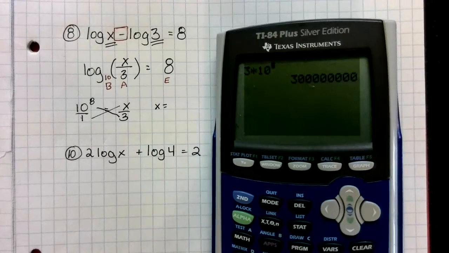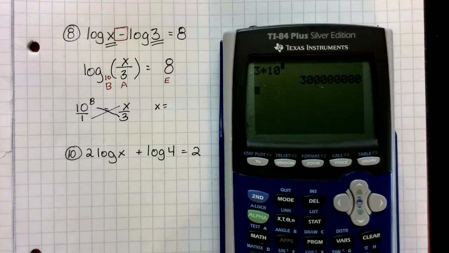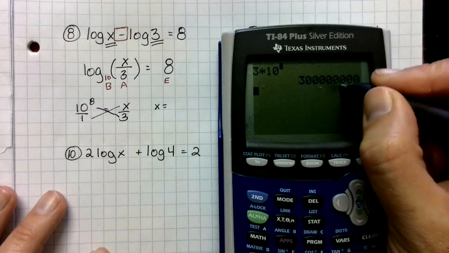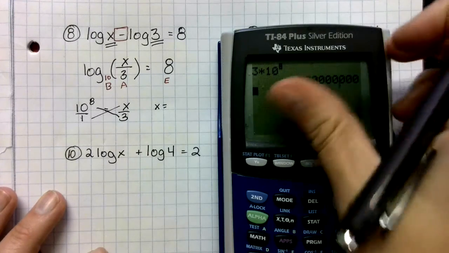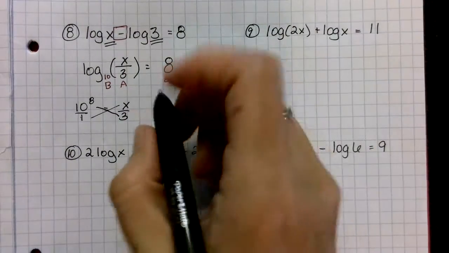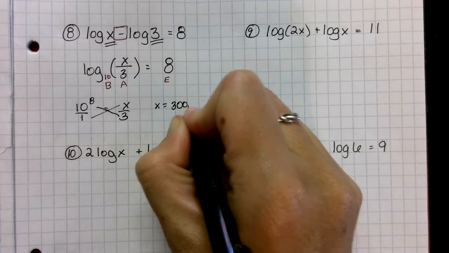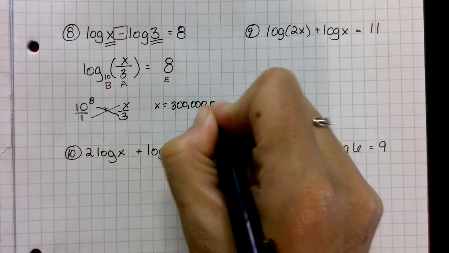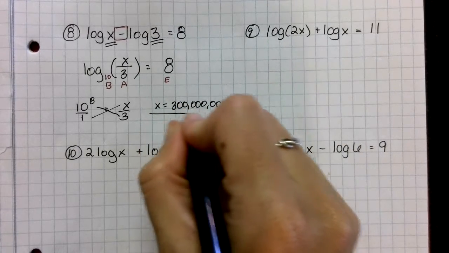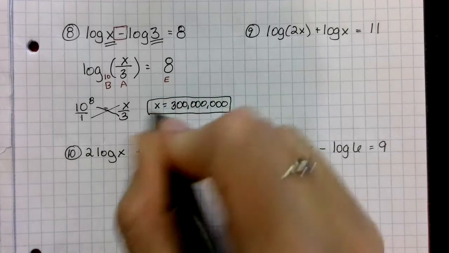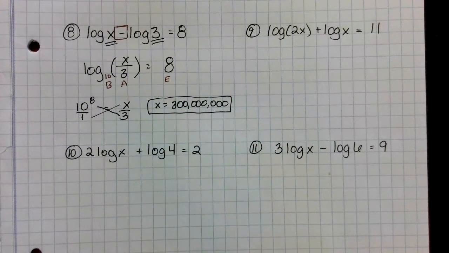And so again, remember, we will get some really huge, crazy numbers. So this one is 300 million. So x is equal to 300 million. Okay, so it requires us to use the product and quotient properties first, so that we can then use Bay.